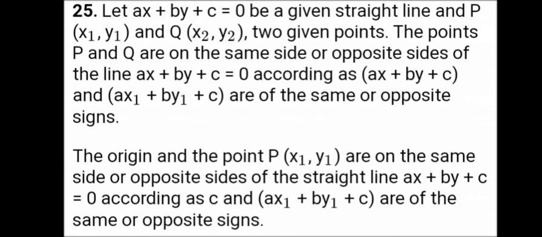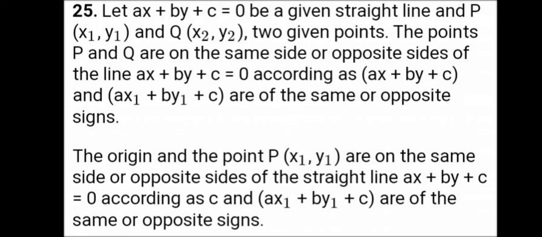Now, the next point says: let ax + by + c be a given straight line, and P is a point (x1, y1) and Q is another point (x2, y2). These are the two given points.